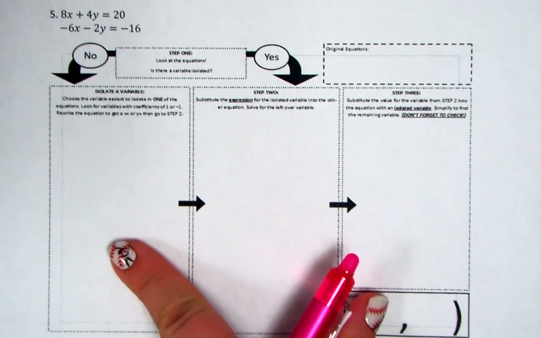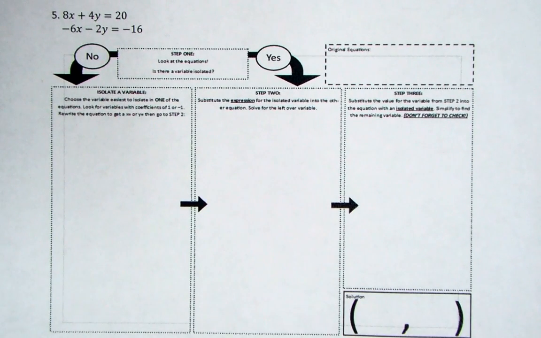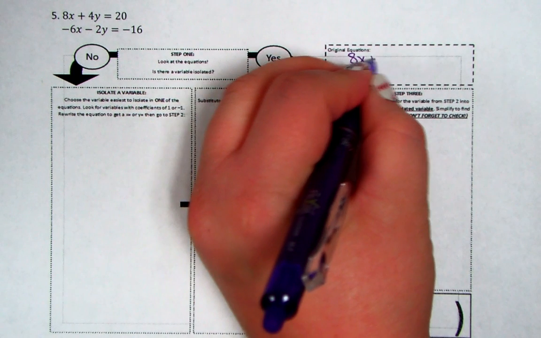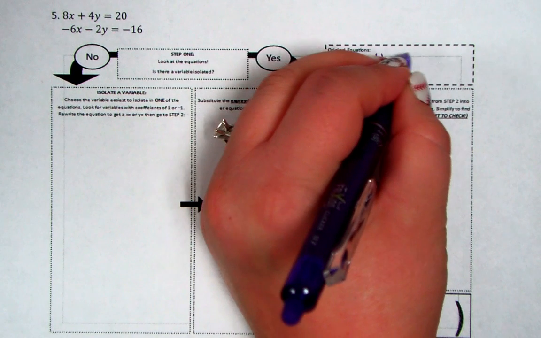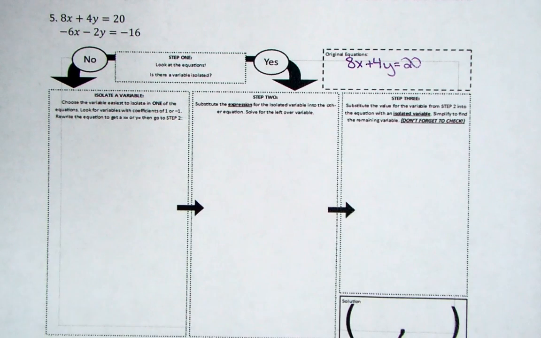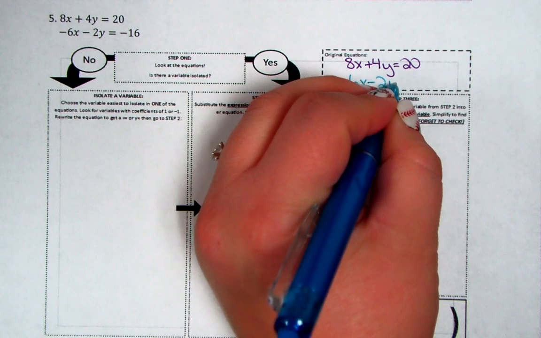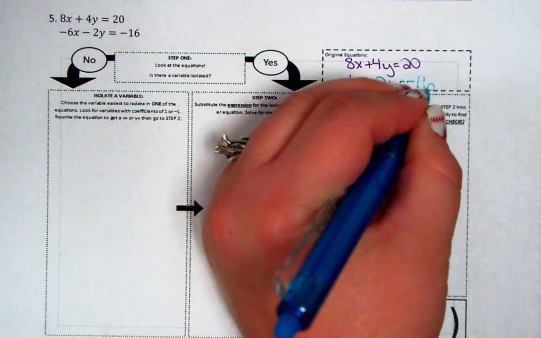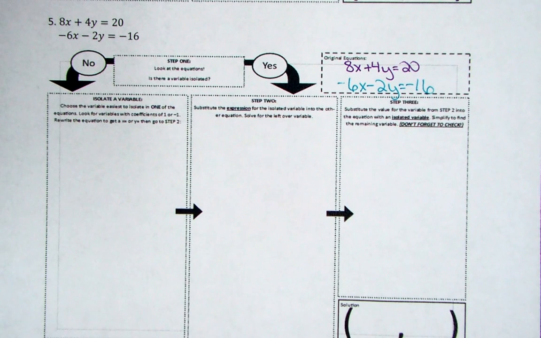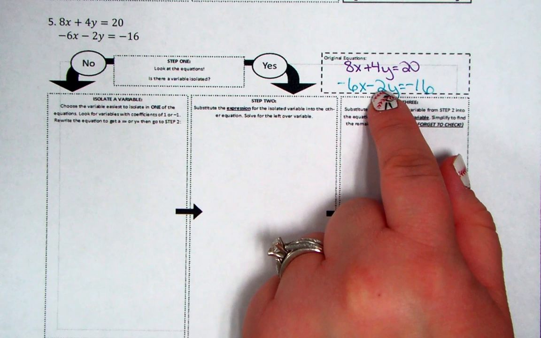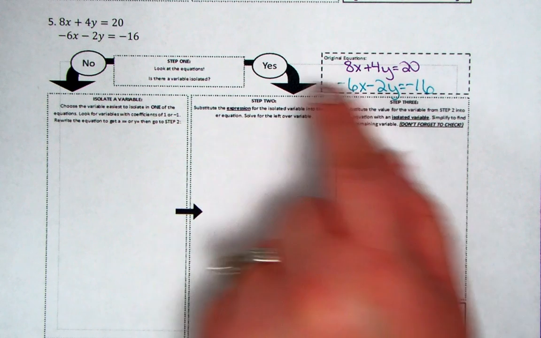One last example. Write our two equations down. Is there already a variable that's by itself?